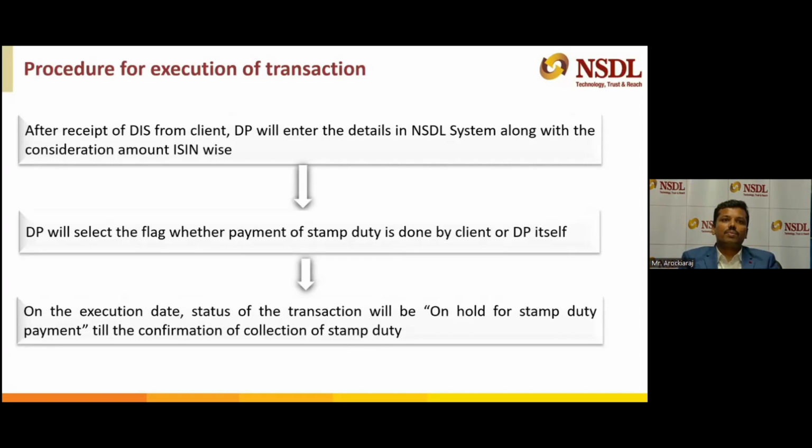Subsequently, there are two options available for selecting the stamp duty, whether the stamp duty is paid by the client or by the DP. The DP has to select the appropriate flag based on the payment of stamp duty, whether it is done by the client or the DP itself, for execution of transactions.